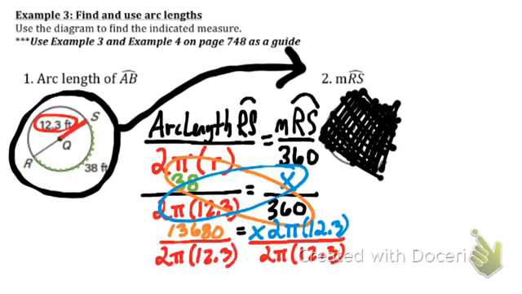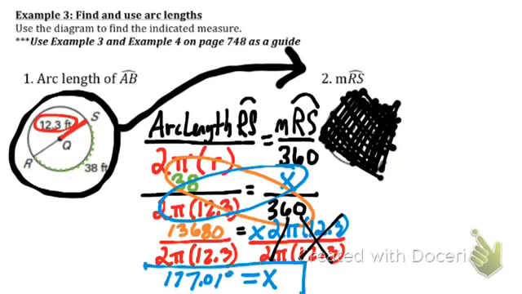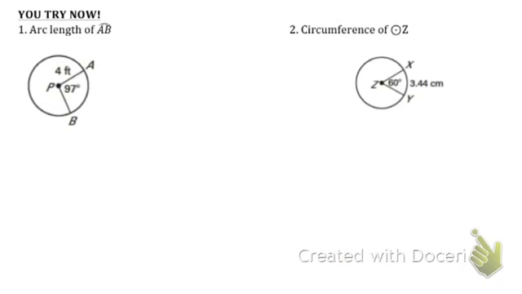Just to clarify, you could simplify 2 times pi times 12.3, but I just didn't in this case. When I divided both sides by 2 pi times 12.3, my 2 pi's cancel out, my 12.3's cancel out, so I'm just left with x on the right side. And that's equal to 177.01 degrees. That would be the arc measure of RS.